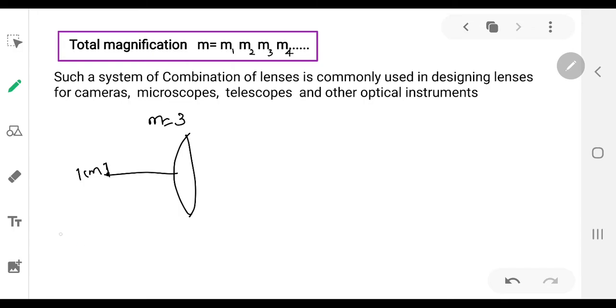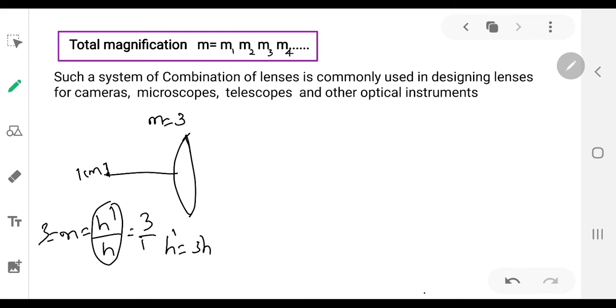Magnification 3 means, what is magnification? M is equal to h dash by h. If m is equal to 3, then h dash by h is equal to 3 by 1. It means the ratio of the image size to the object size is 3:1, or your image is 3 times the size of the object. So the lens is giving a magnified image 3 times that of the object.